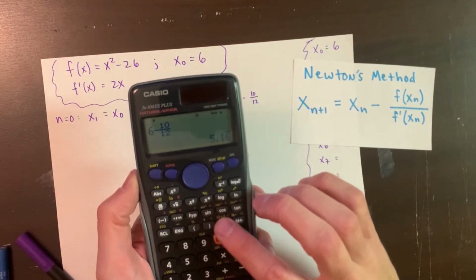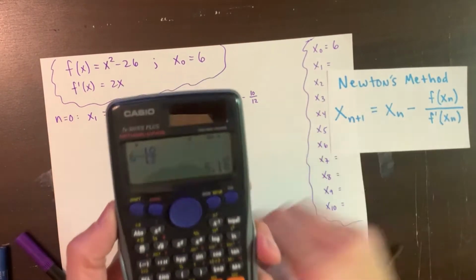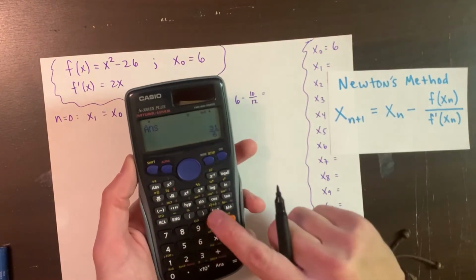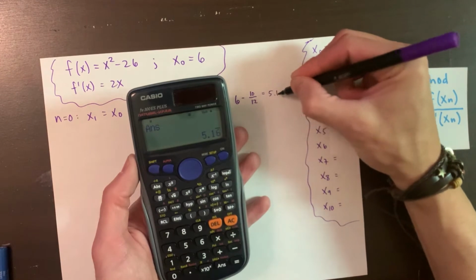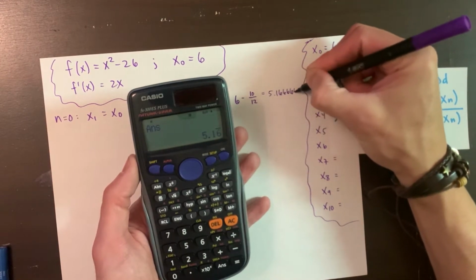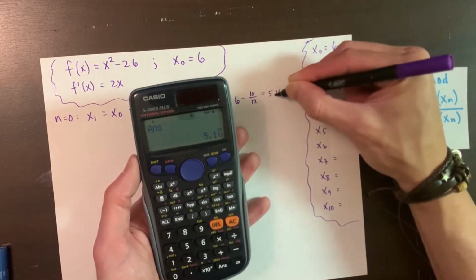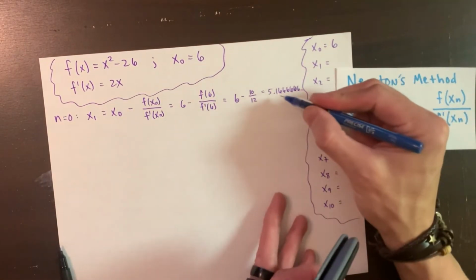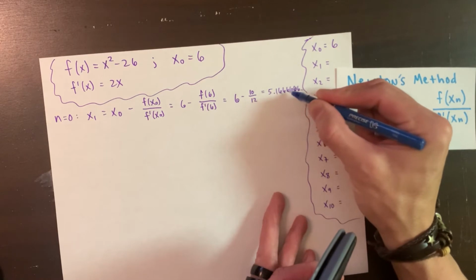So, oh boy, let's see. It was 5.1, and then the 6's go on forever. But they wanted you to round to 6 decimal spots. So who am I going to round? 1, 2, 3, 4, 5, 6.